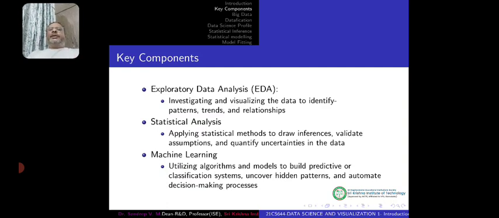Machine can be used for trying to identify hidden patterns. And then finally, once a predictive system is ready, it can be used for automatic decision making processes and all that.